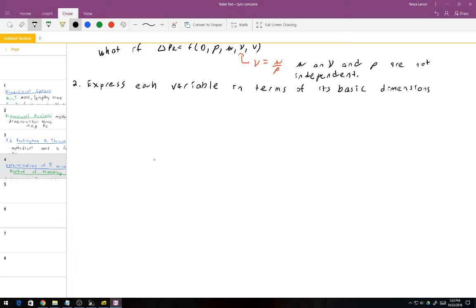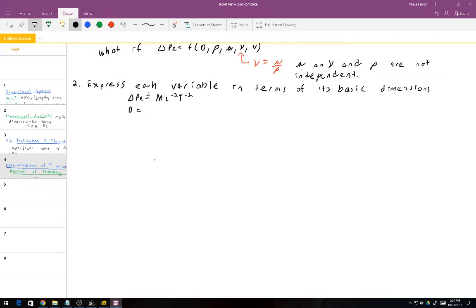We've already done this before. Delta PL is going to have units of, and I'm just going to do it for the MLT system, although you could just as easily do it for the FLT system, M L to the negative 2 T to the negative 2.